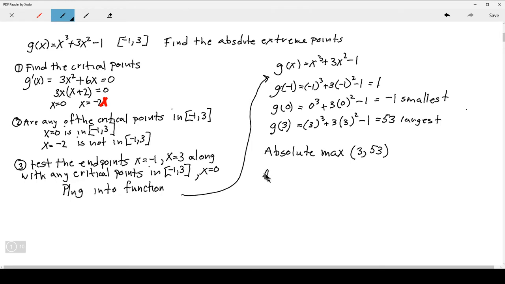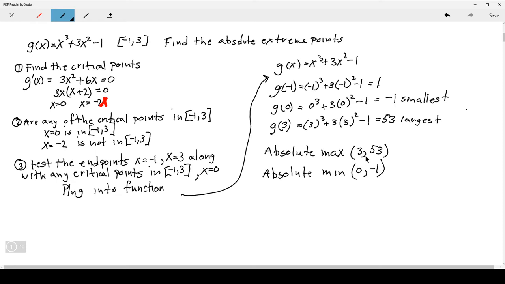The absolute minimum occurs at 0, and the function is -1 there.